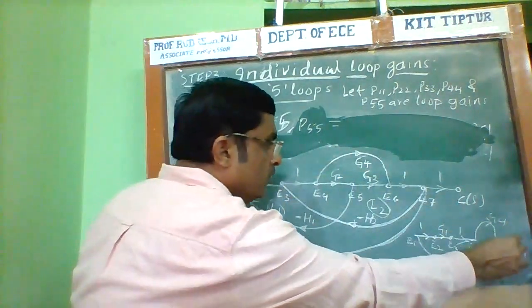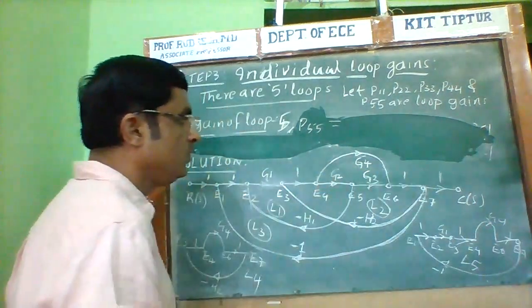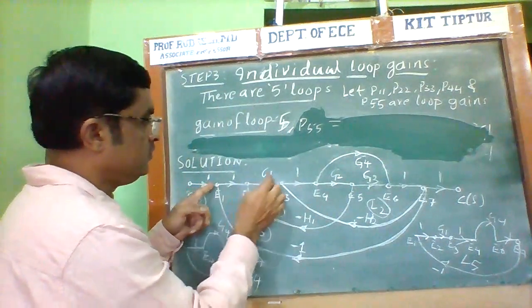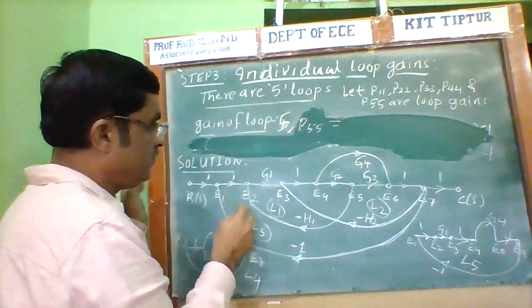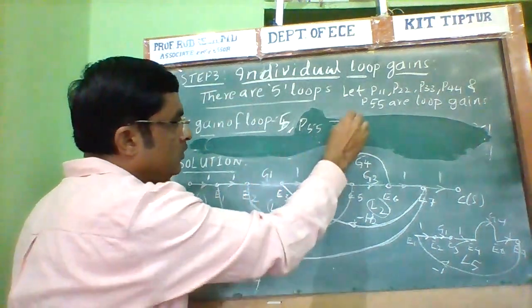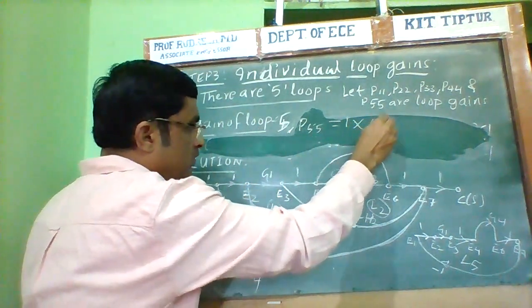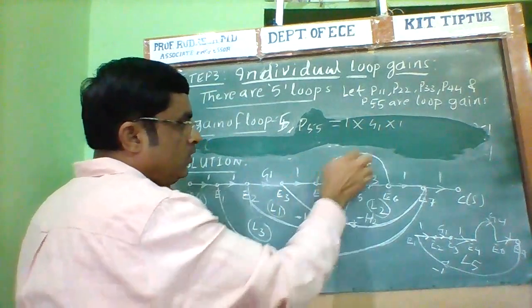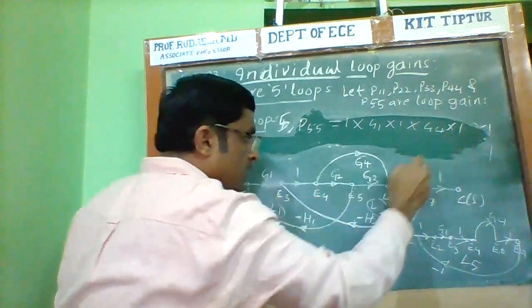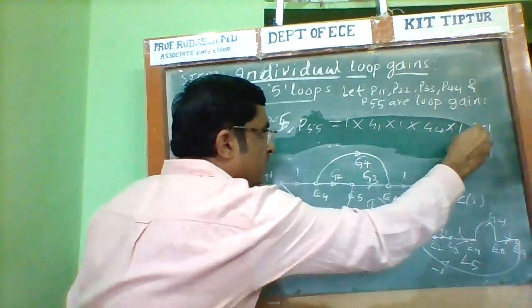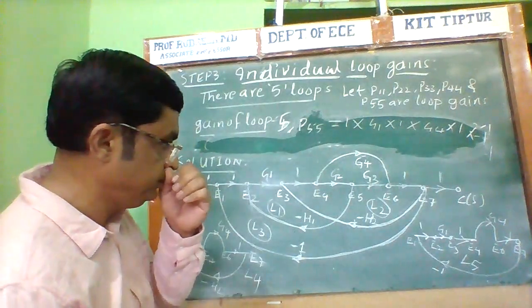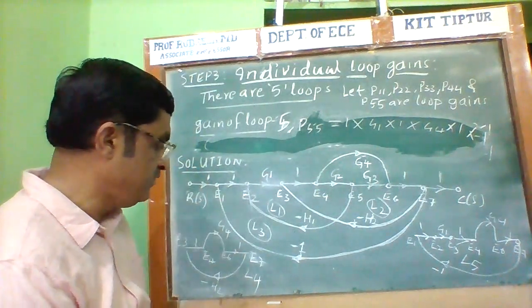Here this is 1 into G1, this is 1, G4, this is 1, minus 1. Now this is equal to the product of the branch transmittances. So here it is 1 into G1 into 1 into G1 into again 1 into G4 into 1 into minus 1, is the gain of this loop.